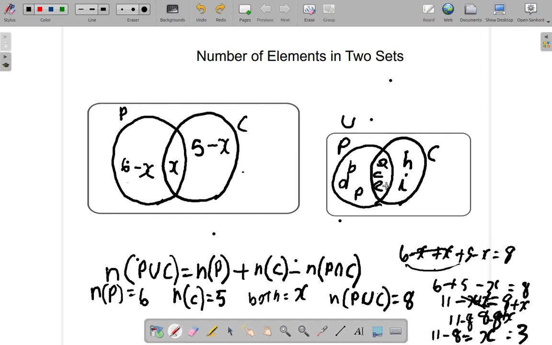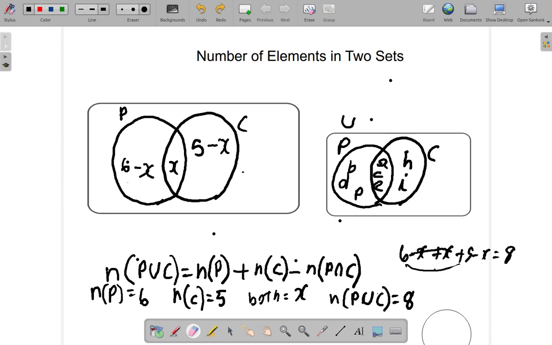All right, now let us look at using this formula and see if we get back the 3.